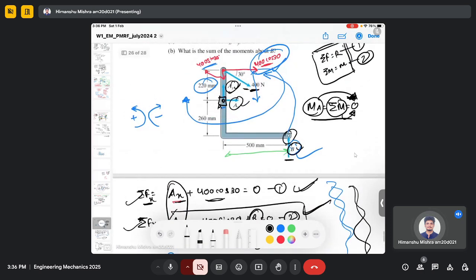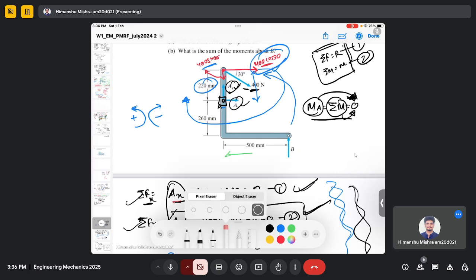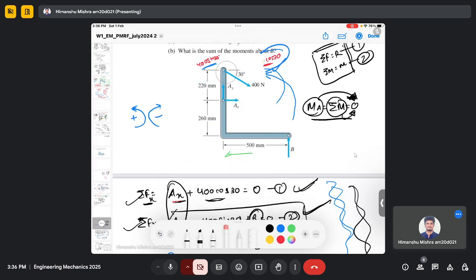Now the second part is what is the moment at point B. So basically now we need to calculate the moment at this point. And we know AY, we know AX.